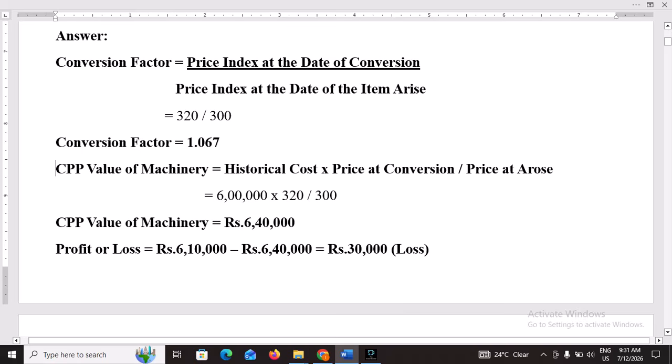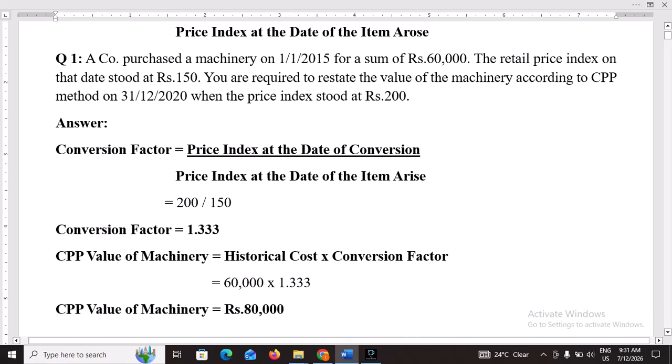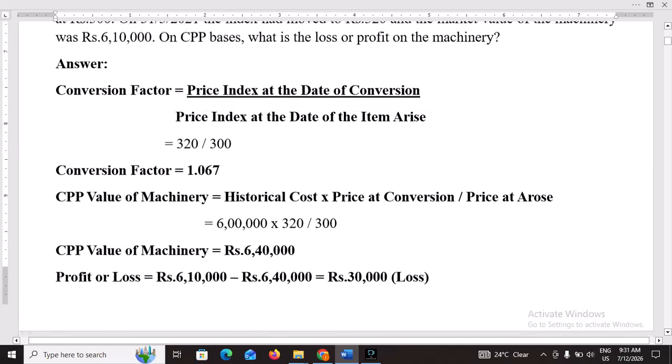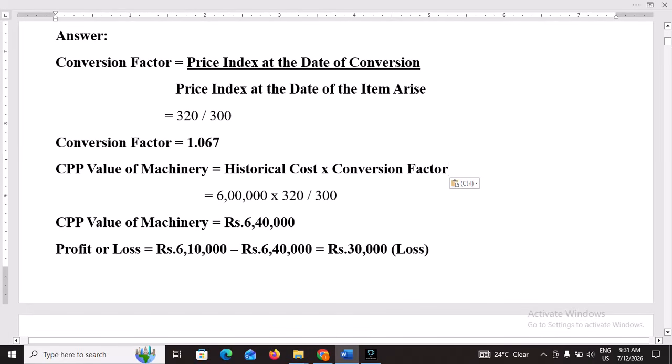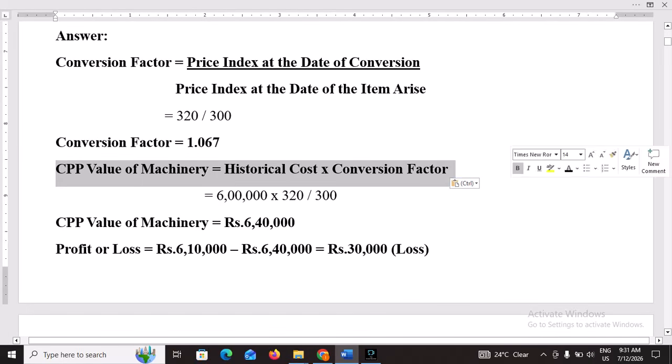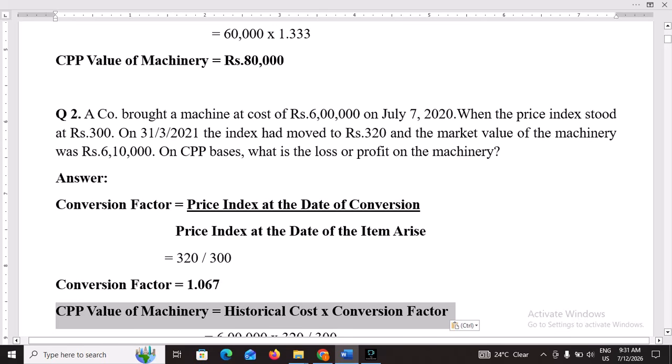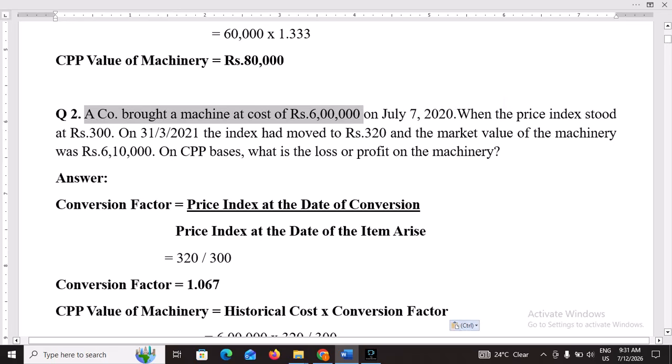Now the CPP value of machinery is equal to historical cost into conversion factor. Historical cost of machinery means the purchase price, which is rupees 6 lakh.